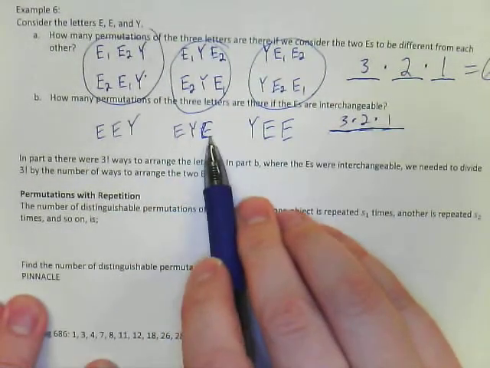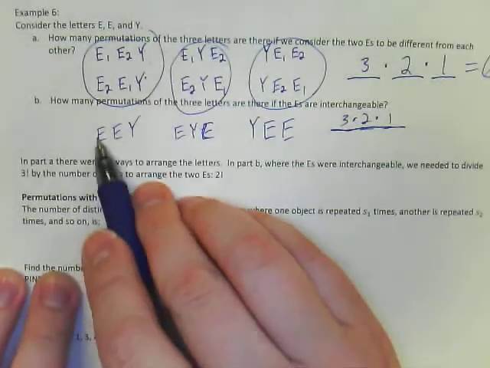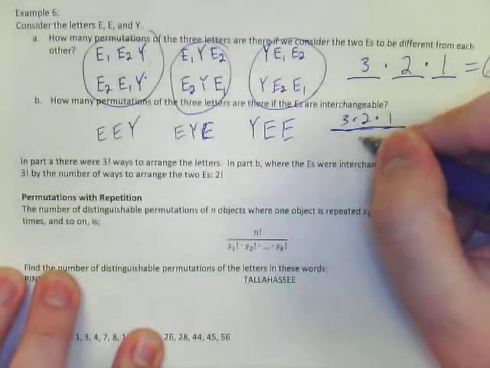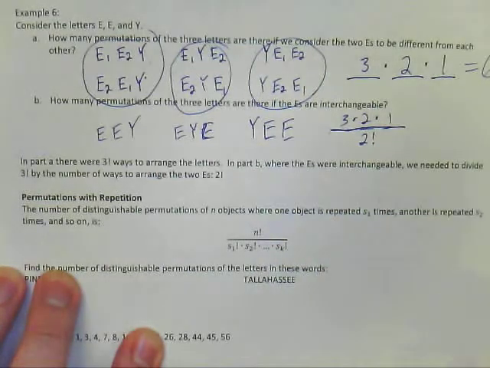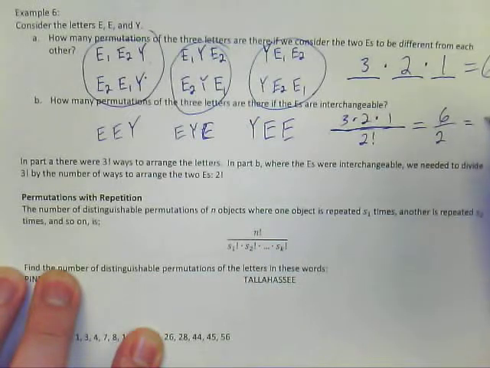We've counted these E's being like this and also swapped around. But if it doesn't matter if we swap them, then what we need to do is divide off the number of ways to arrange these E's. Well, as we learned in the last video, the number of ways to arrange some number of objects is that number factorial. So if we have 2 E's, we're going to divide by 2 factorial, which is 2 times 1, so that's 2. And so what we get is 6 over 2, which is 3.